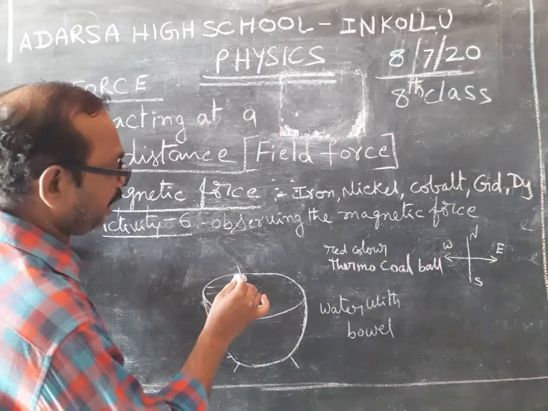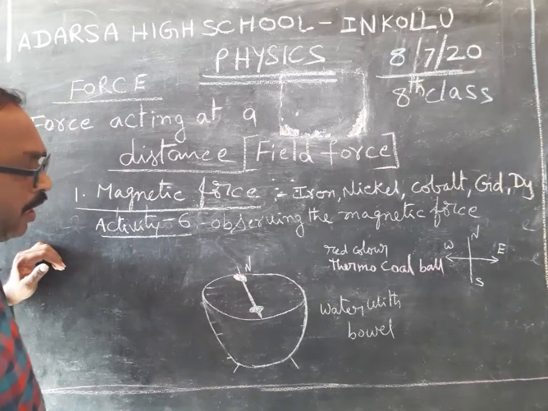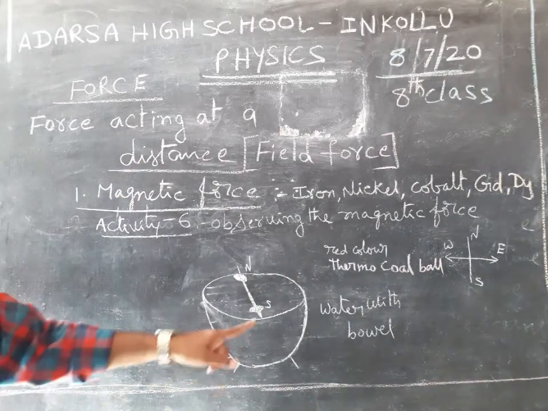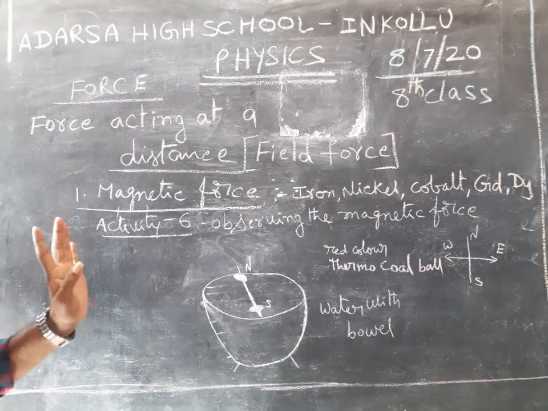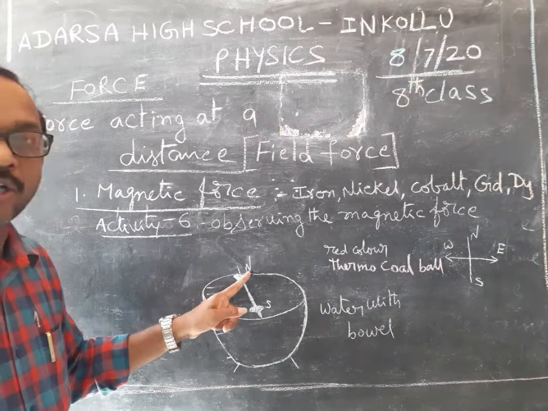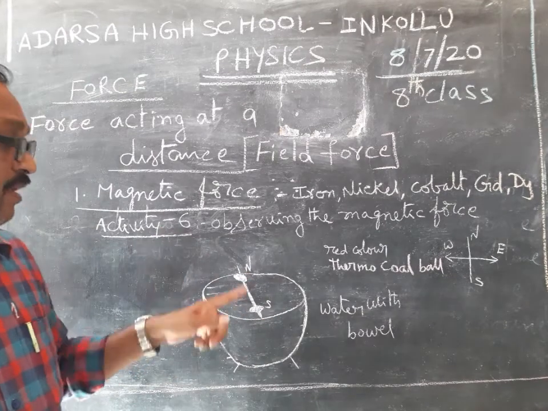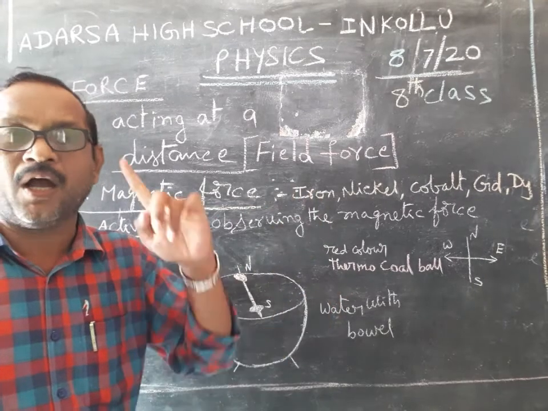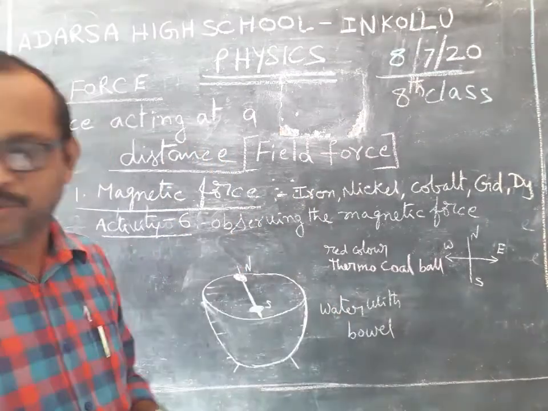So the red color thermocol ball shows the north pole of the magnet. The white color thermocol shows the south pole of the magnet. This is the north pole, this is the south pole. That's why the needle of the magnet also consists of a north pole and a south pole.